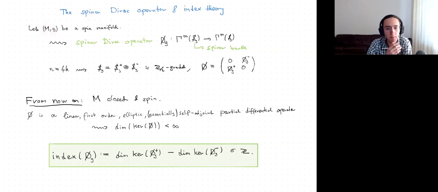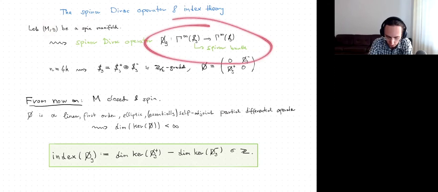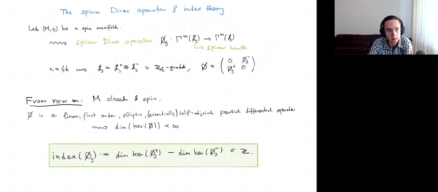And if we have a spin manifold, then we have a nice geometric differential operator, the spinor-Dirac operator, which acts on sections of the spinor bundle. In the basic case, the interesting situation is when the dimension of the manifold, n, is a multiple of 4, and then this spinor bundle decomposes into 2 parts.